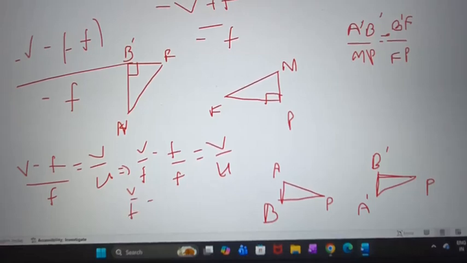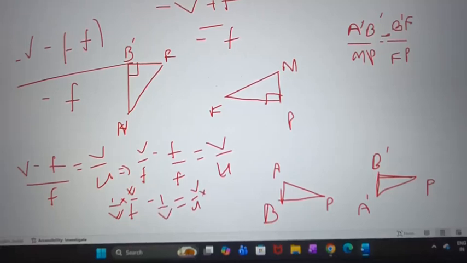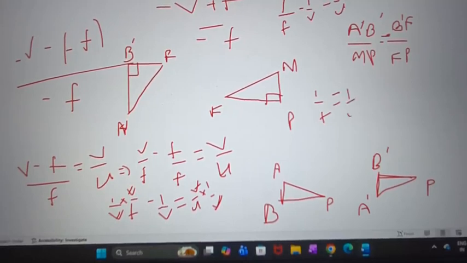V upon F minus 1 is equal to V upon U. Now multiply the entire equation by 1 by V for every single term. Here V and V got cancelled. 1 by V, I can just write 1 by V. Here also V and V got cancelled. What is left is 1 upon F minus 1 upon V is equal to 1 upon U. Now this is nothing but our mirror formula. 1 upon F is equal to 1 upon U plus 1 upon V.